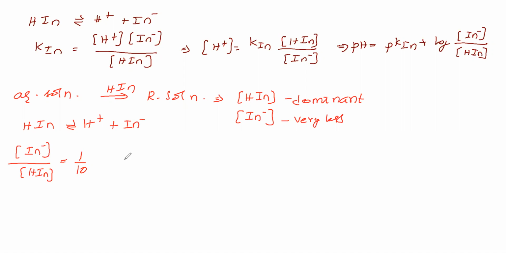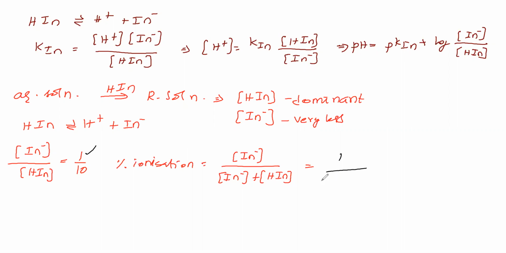Now we will see the percentage ionization of the indicator. Percentage ionization of the indicator is equal to [In⁻] at equilibrium divided by ([In⁻] at equilibrium plus [HIn] at equilibrium), into 100.